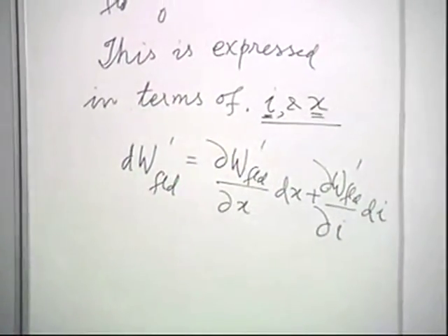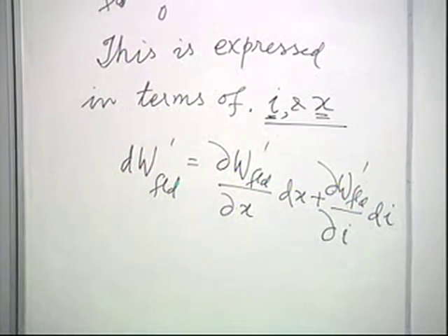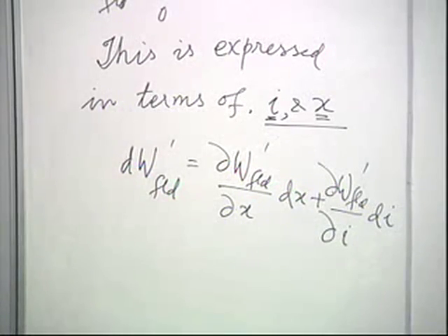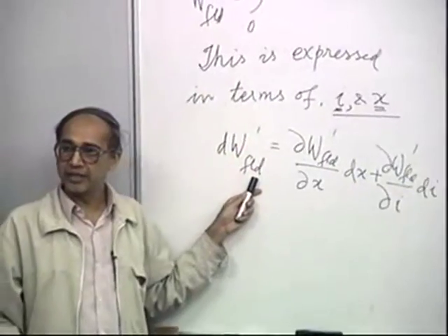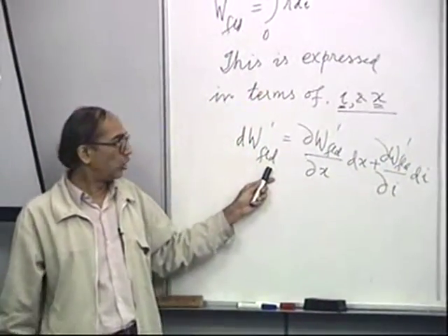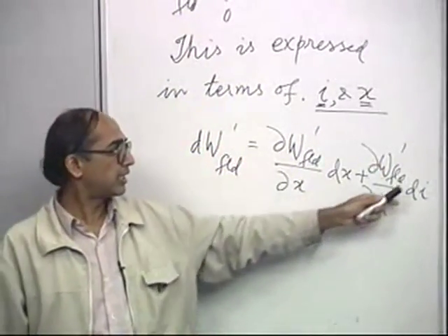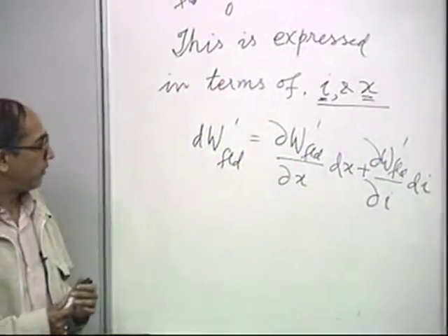Is it clear? It's just a simple thing. So you take its derivative, any change in the co-energy will be equal to the partial derivative with reference to x into dx and partial derivative with reference to I into di. Okay.